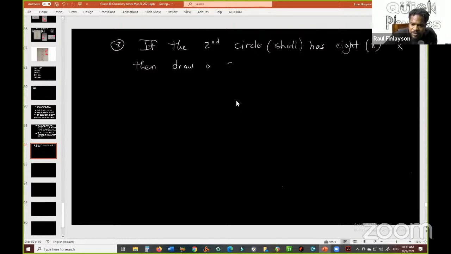So you draw a third shell or third circle to place the remainder.